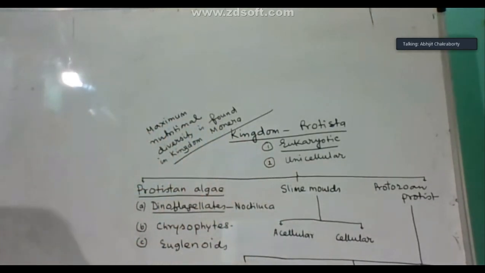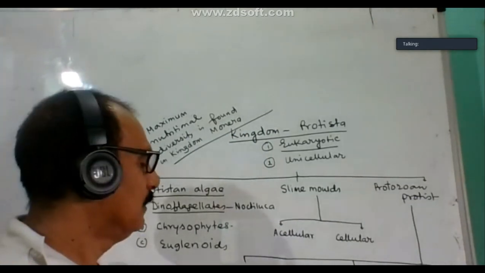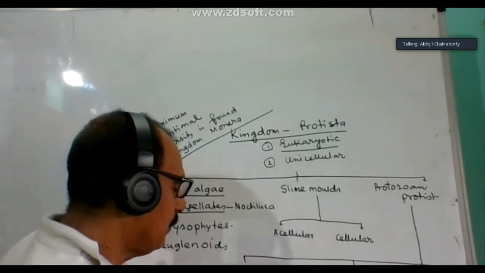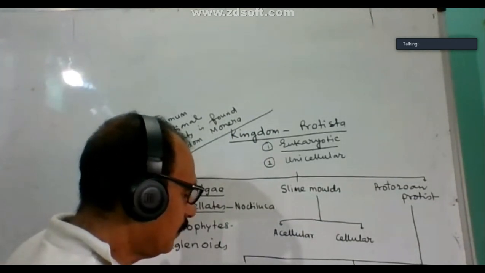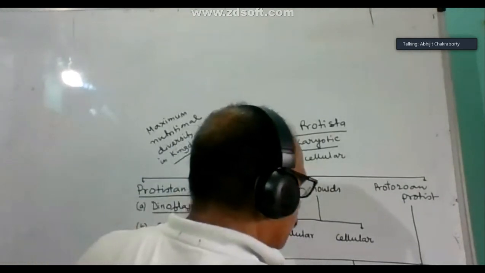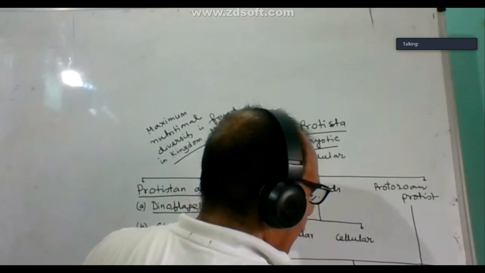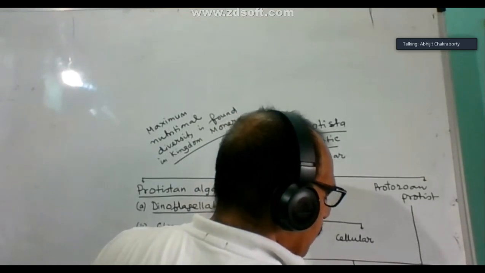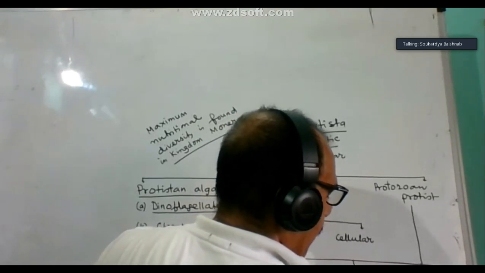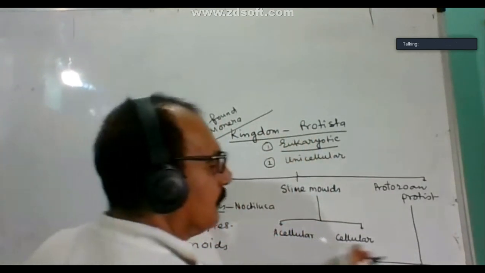There are three types. Now, Sarcodina includes, suppose amoeba, you know, it includes Plasmodium, it's the Paramecium. I can't see. It is not visible. Okay.